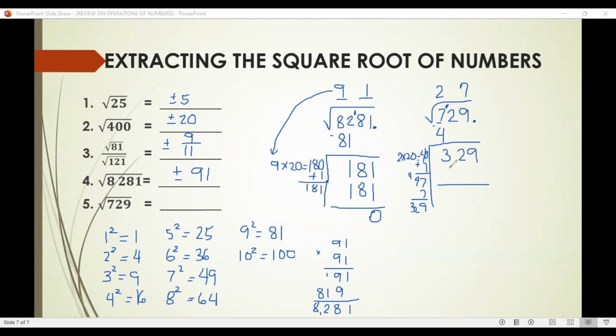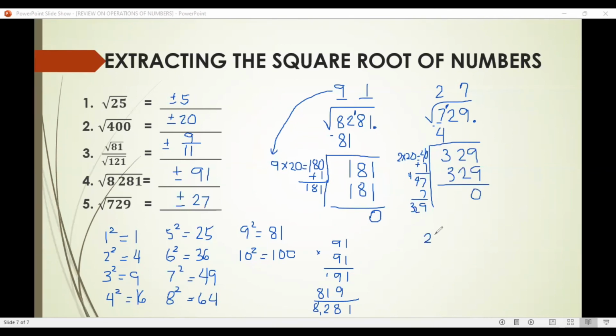So we are now getting the number 329, and when you subtract that from 329, again we are getting a 0. So we found the answer for the square root of 729, and that is 27, or we can also consider negative 27. So positive, negative 27.